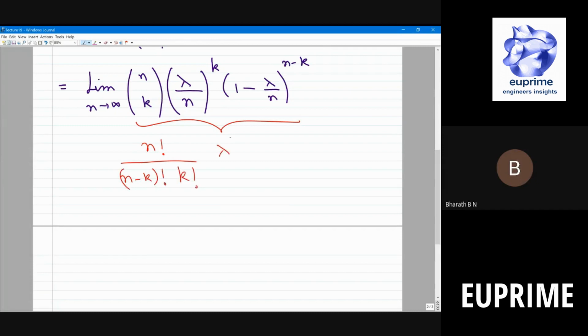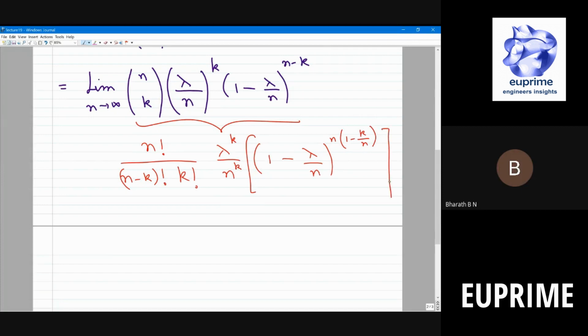It's lambda power k over n power k, into (1 minus lambda by n) power n, whole power minus k. Do you agree? Sorry, I should write it as n into 1 minus k by n. Okay, fine.